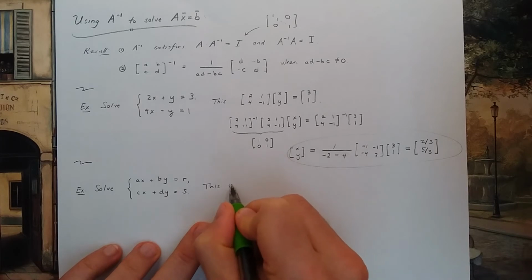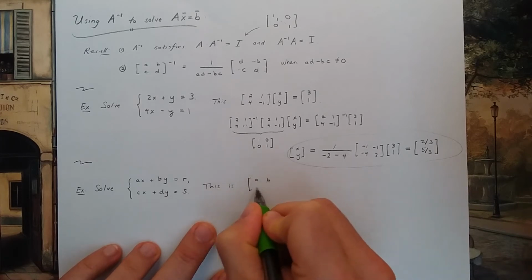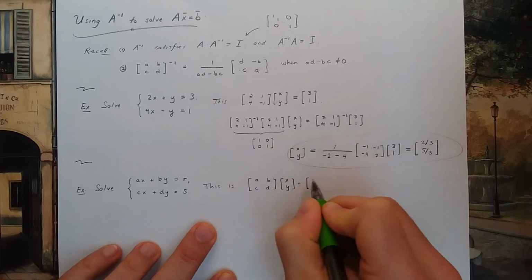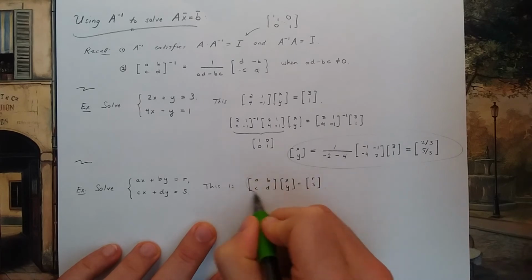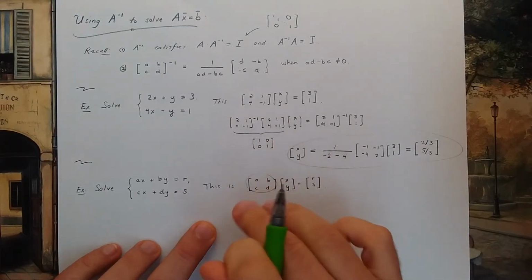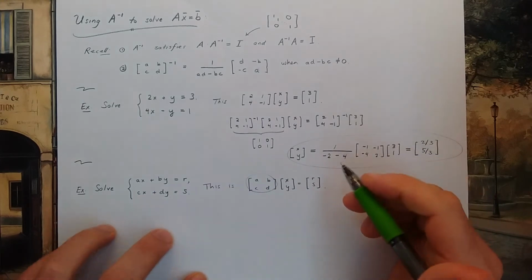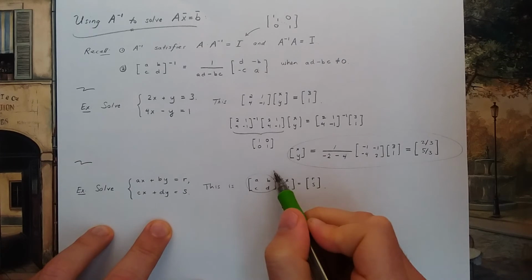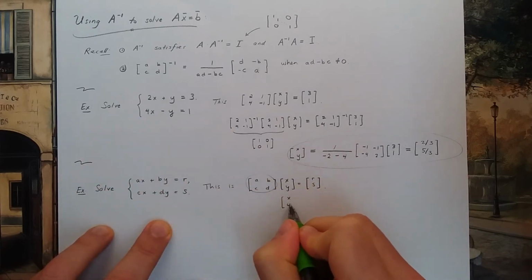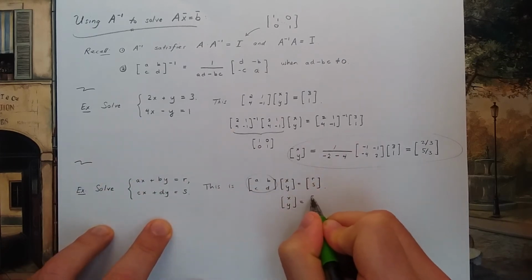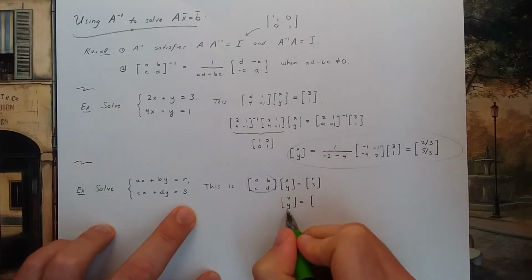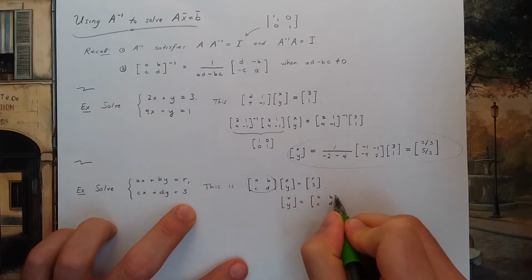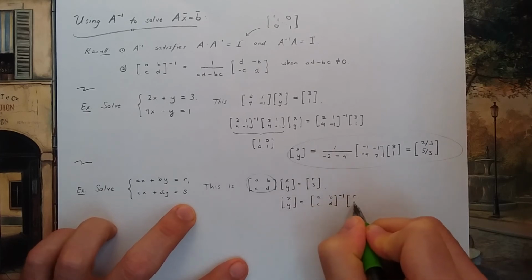Well, this is the matrix multiplication [a, b; c, d] times the vector (x, y) is equal to the vector (r, s). If I want to undo matrix multiplication on both sides, I can multiply by the inverse. So if I multiply by the inverse on the left, the inverse and this matrix undo each other, canceling one another out, and on the left side I'll just get (x, y). On the right side, I'll get the inverse of [a, b; c, d] times (r, s).